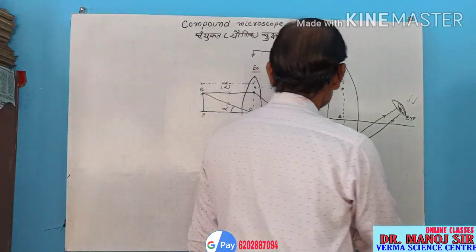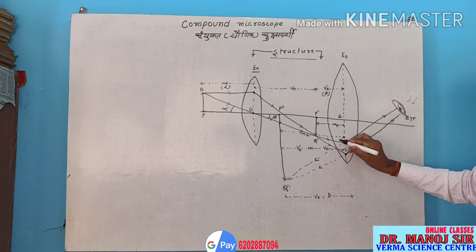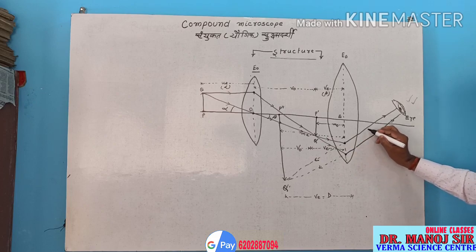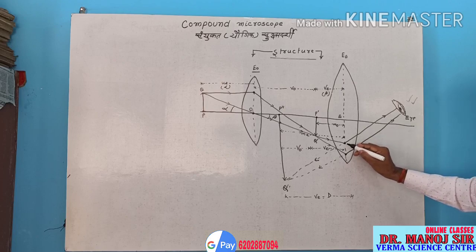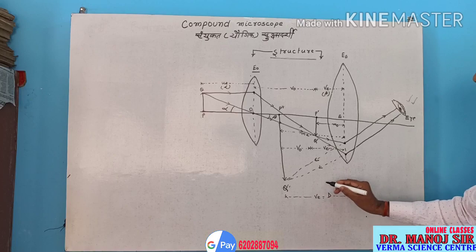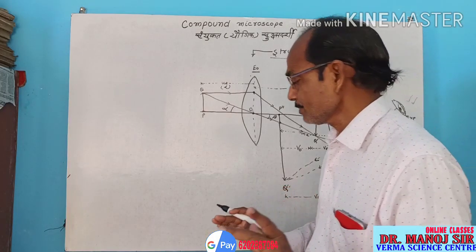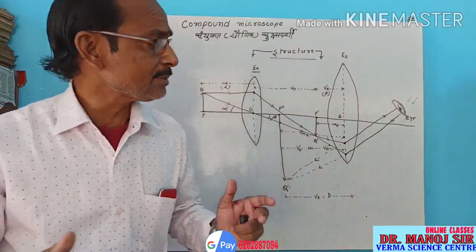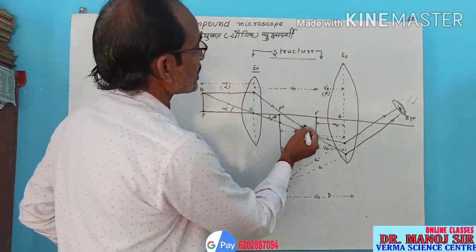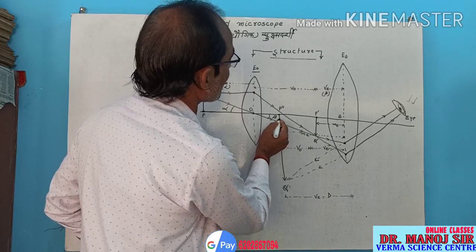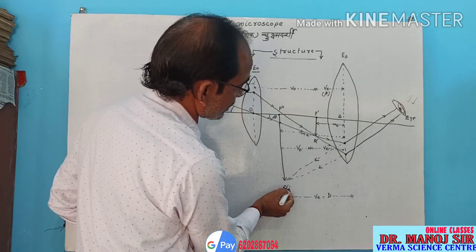And now the refracting ray that converge to the observer, that can proceed back, which meet together at a point just back to the P dash Q dash and meet at Q double dash.